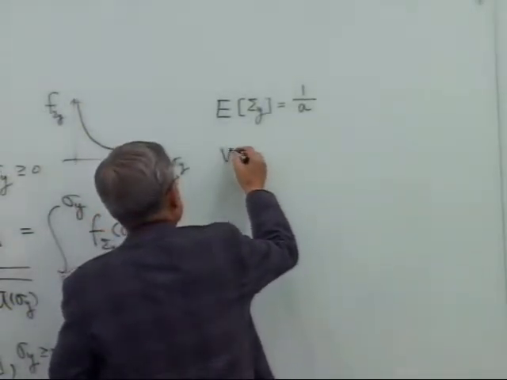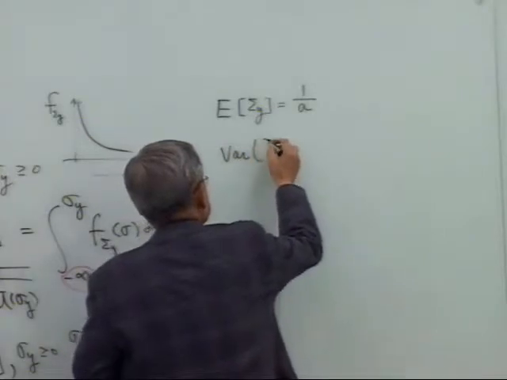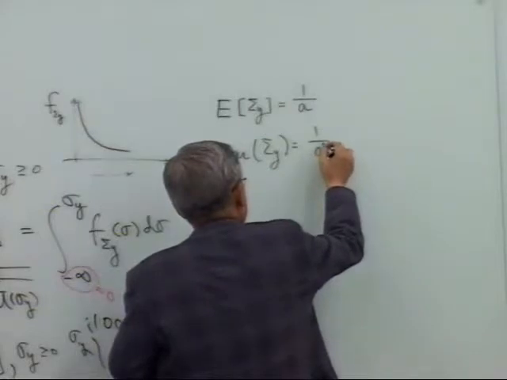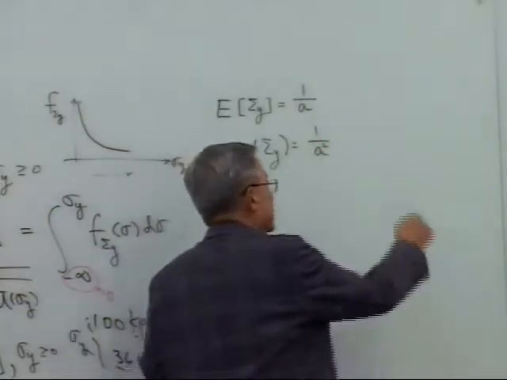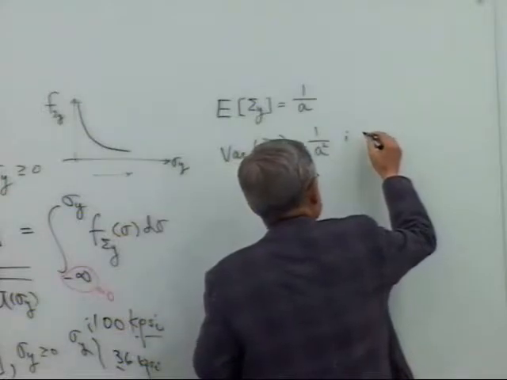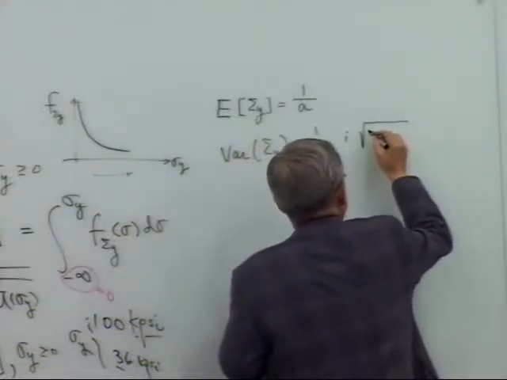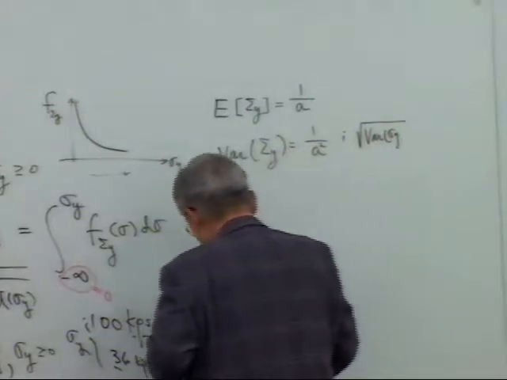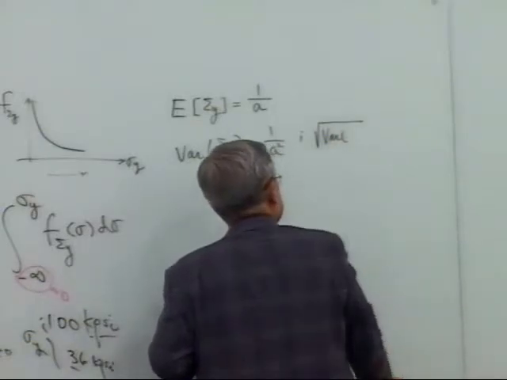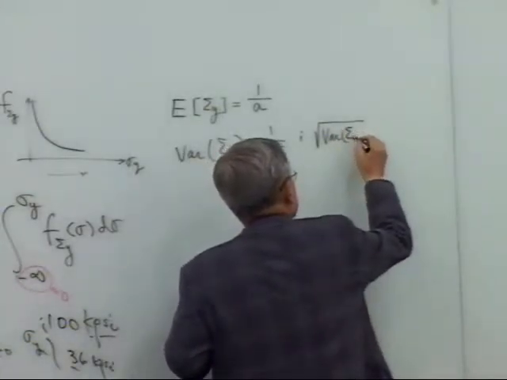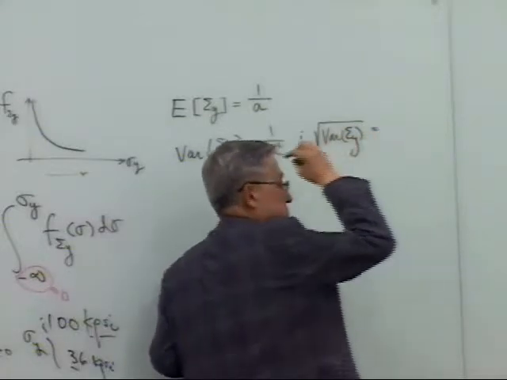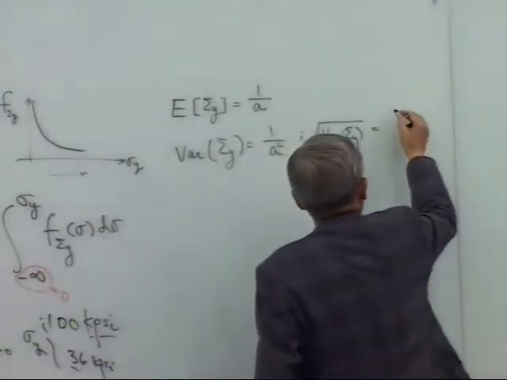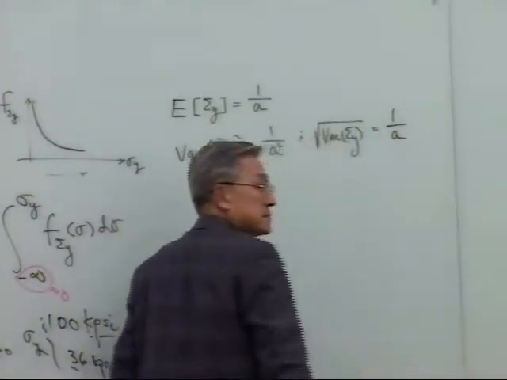And the variance is equal to 1 over a squared, which means the square root of the variance of sigma y, called the standard deviation, is equal to 1 over a, right?